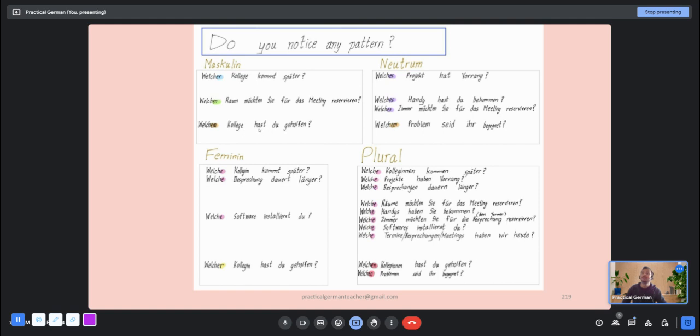The main verb is helfen, and we know helfen is a dative verb. So du is the subject: du helps which colleague. Whom are you helping, and that is dative. Okay, so that's how it is. Please ask.